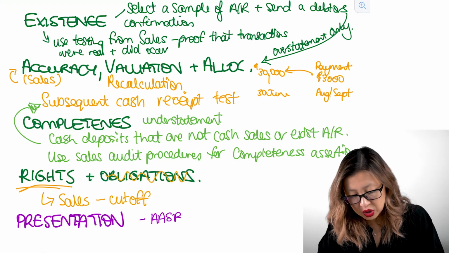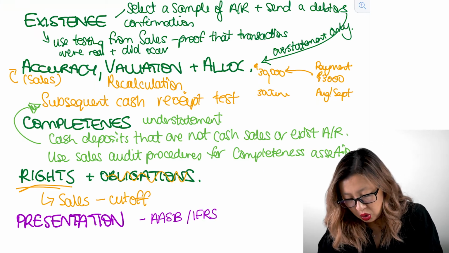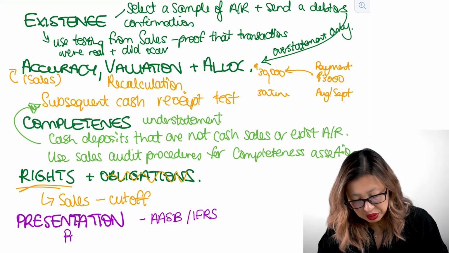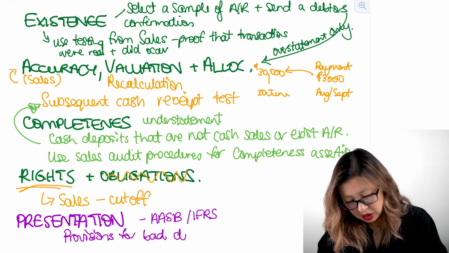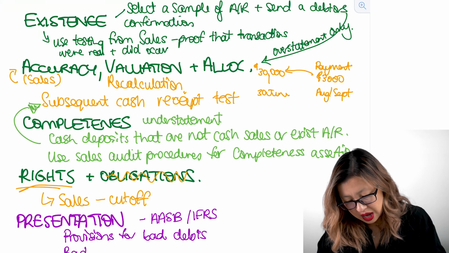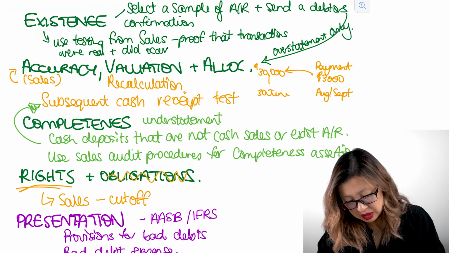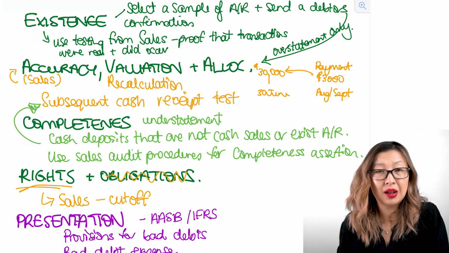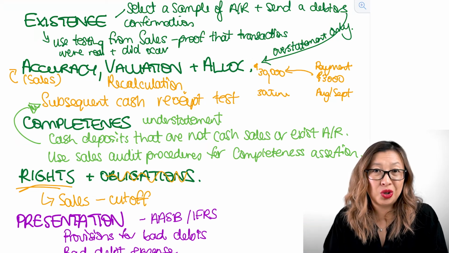So we also, of course, do need to make sure that we're presenting our information in accordance with the Australian Accounting Standard or with IFRS, and that also includes appropriate recognition of provisions for bad debts and also bad debt expense. All right, so there are specific disclosures you need to make about provisions for doubtful debts and bad debt expense. You also need to go back and make sure that if they do have provisions for bad debts, that they're calculating that appropriately.